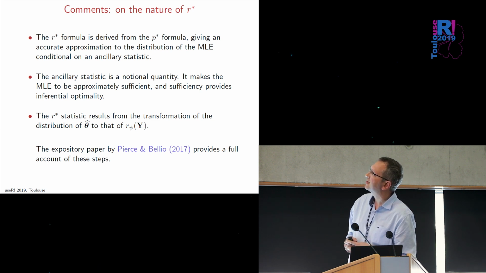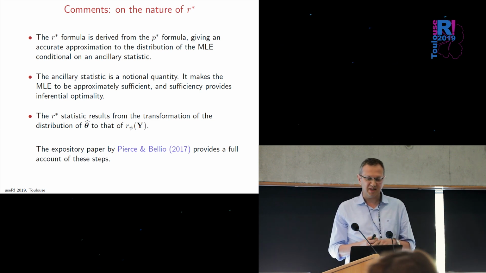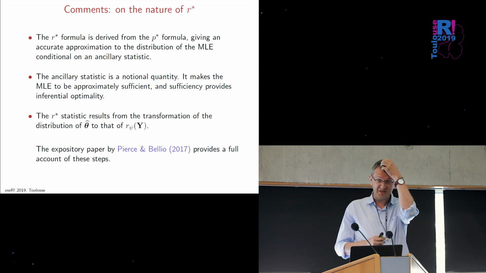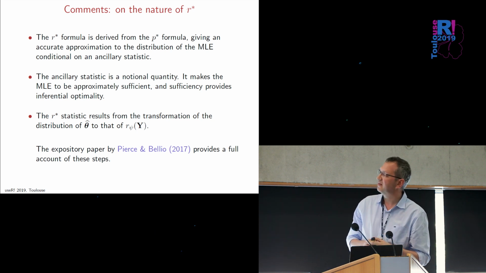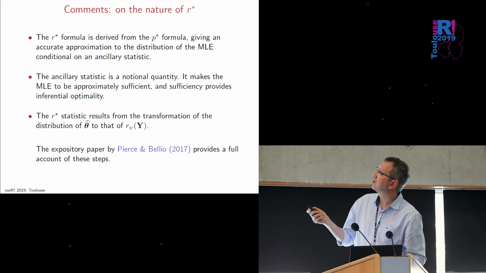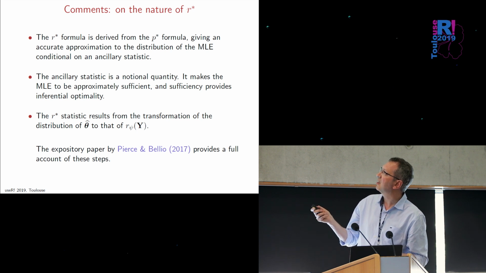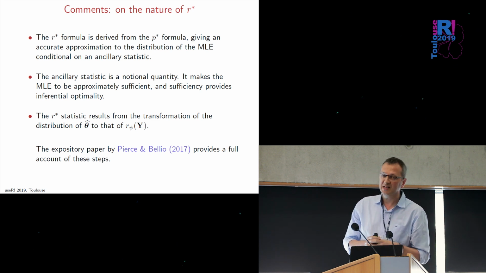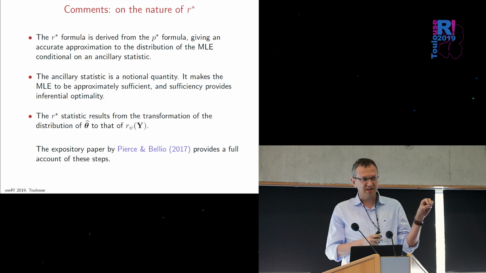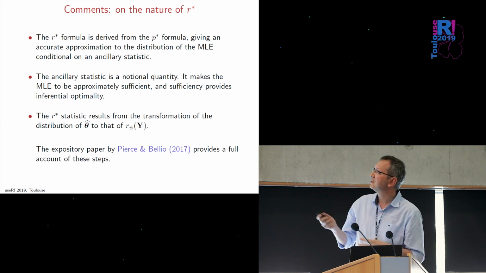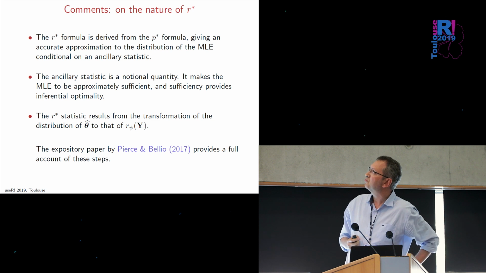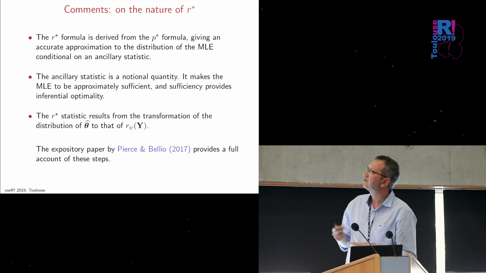In particular, for testing psi(theta) equal to psi, we rely on the directed deviance, which is the square root with sign of the likelihood ratio test. So we have the log likelihood drop passing from the MLE to the constrained estimate of theta when psi is fixed to the assumed value. Asymptotically, r is normal with first order error, standard normal.